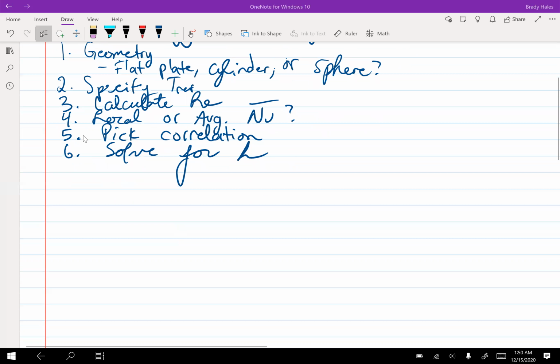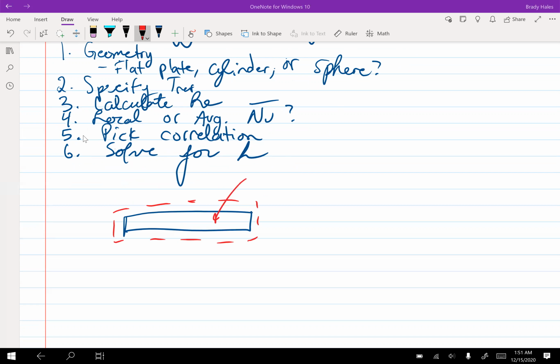So oftentimes what happens is we have some sort of system, right? And in this system, my personal system, it's a flat plate, right? And you could have some Q radiation coming in and some Q convection coming in. And then you could even have some Q conduction coming out, right?